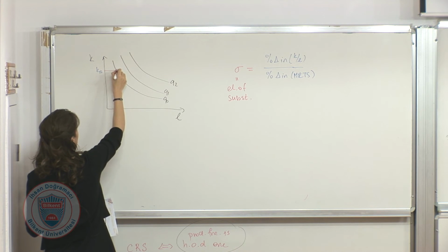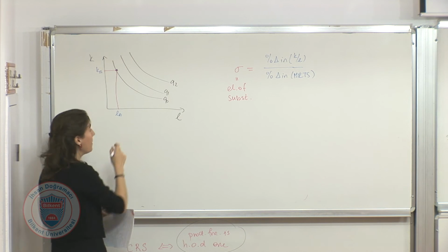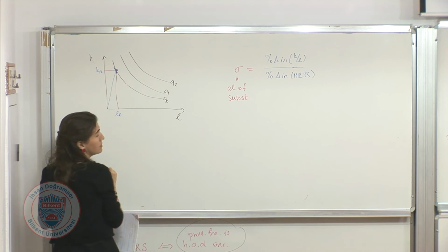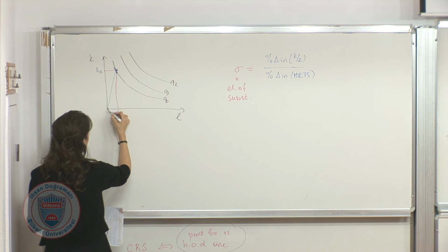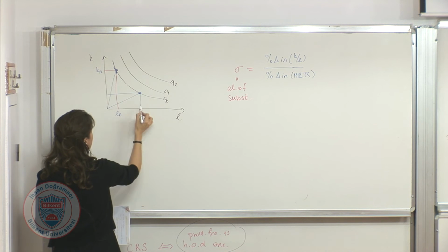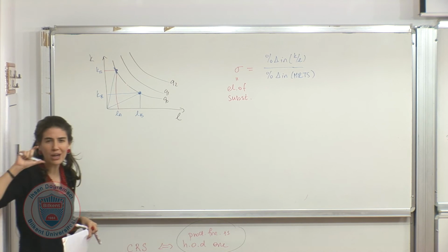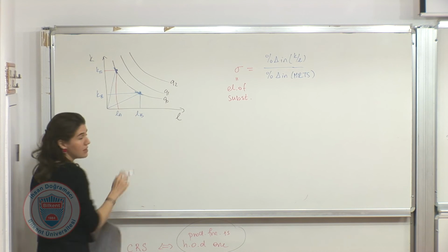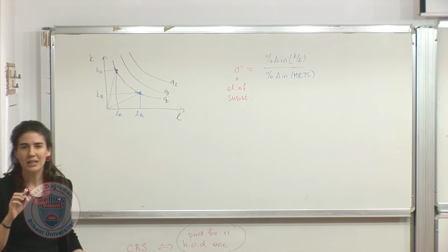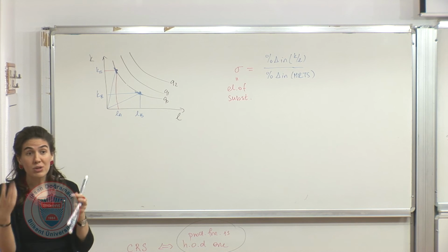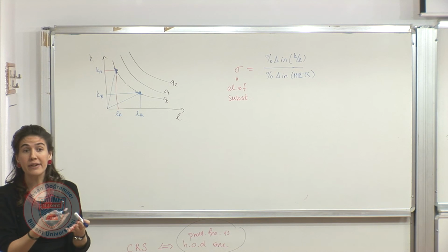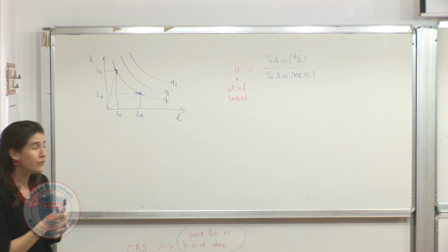If I change my K over L mix to KB, LB, I am changing the ratio of K to L. How does my marginal rate of technical substitution change? Does it respond a lot? That's the whole idea: is it easy for you to substitute, or is it hard for you to substitute?